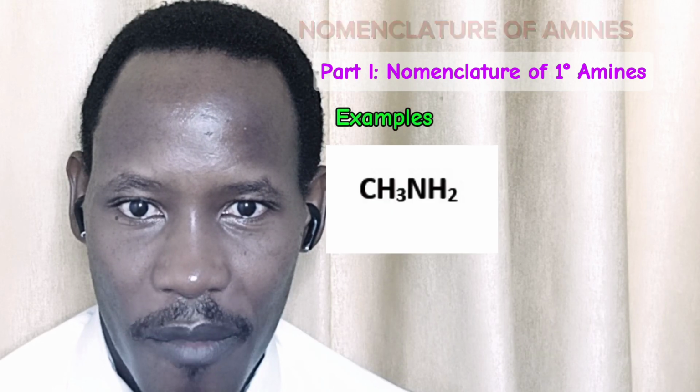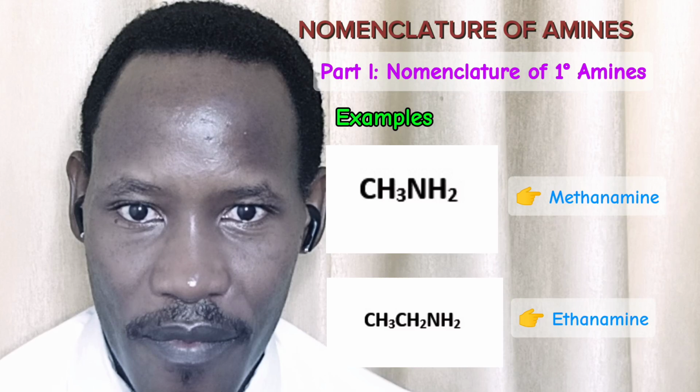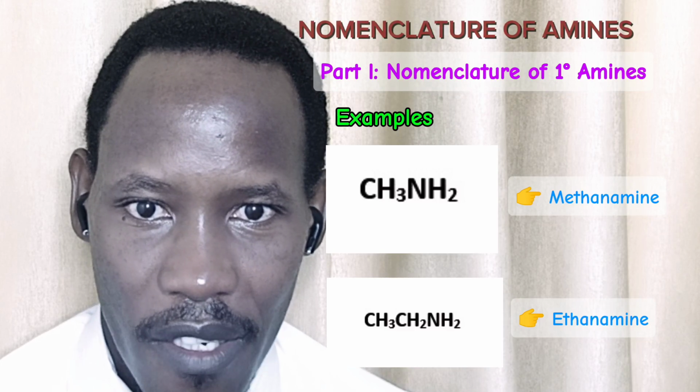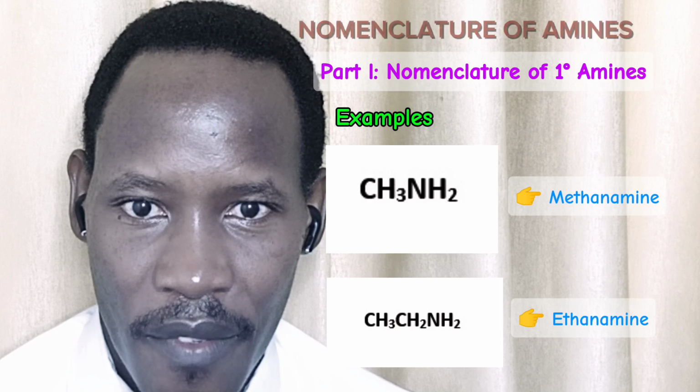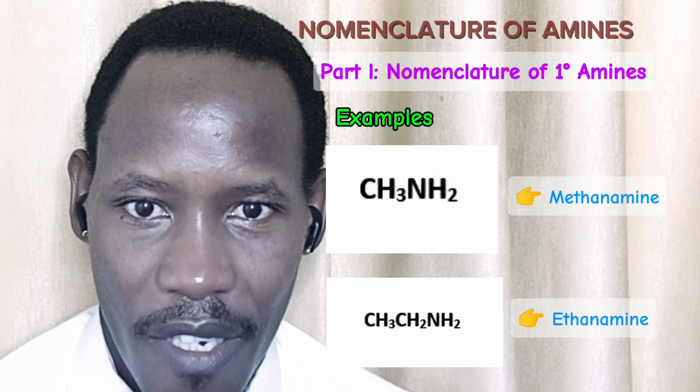Displayed above are some examples to illustrate the general rule. Notice methanamine has only 1 carbon atom. Ethanamine has 2 carbon atoms.